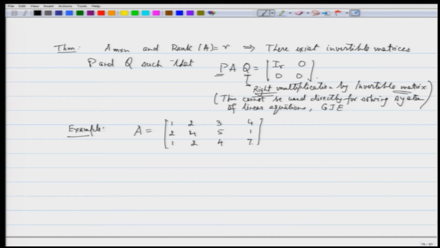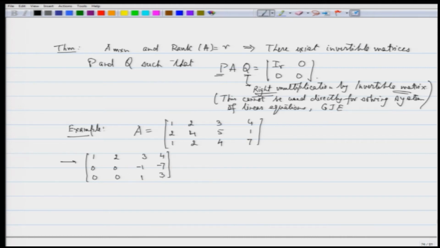I want to compute the RREF of this matrix. So I leave the first row as is, 1 2 3 4, multiply this by 2 and subtract, you get 0 0, 5 minus 6 is minus 1, 1 minus 8 is minus 7. The third row is 0 0, 4 minus 3 is 1 and 7 minus 4 is 3.